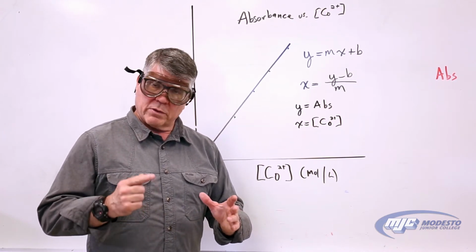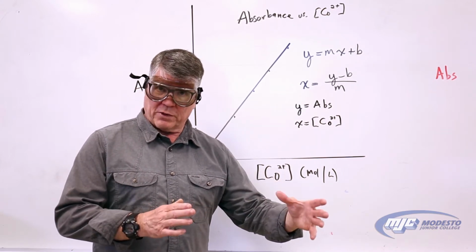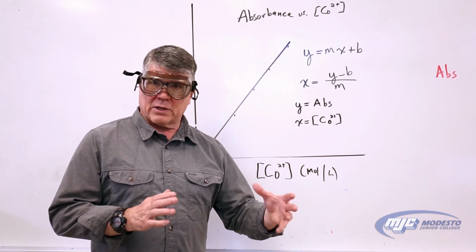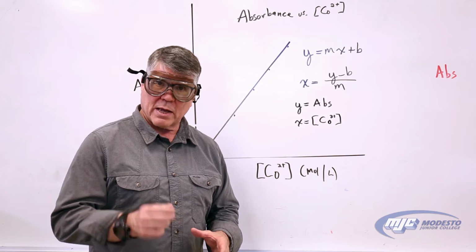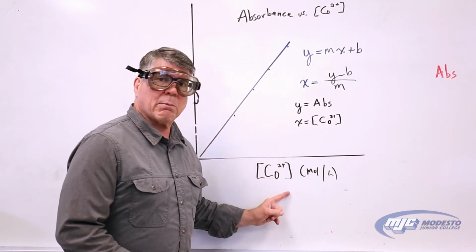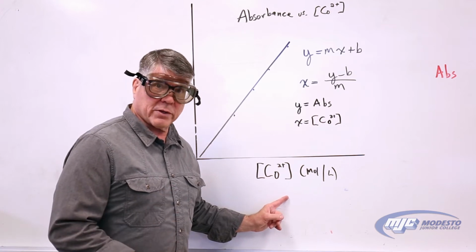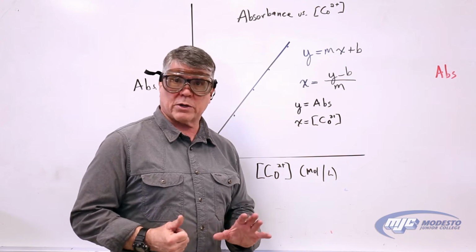And it knows the intensity of that light before it hits the solution, and it measures the intensity after. And from that, it's able to calculate the absorbance, how much of that light was absorbed by the solution. And that's the dependent property. That's what depends linearly upon how much of the ion there is in there. So that's the big picture of how we're going to do this.